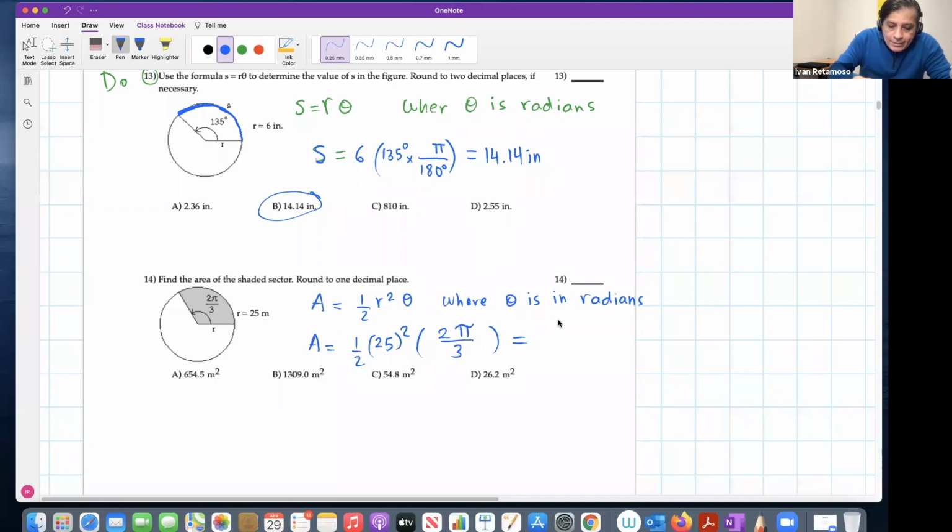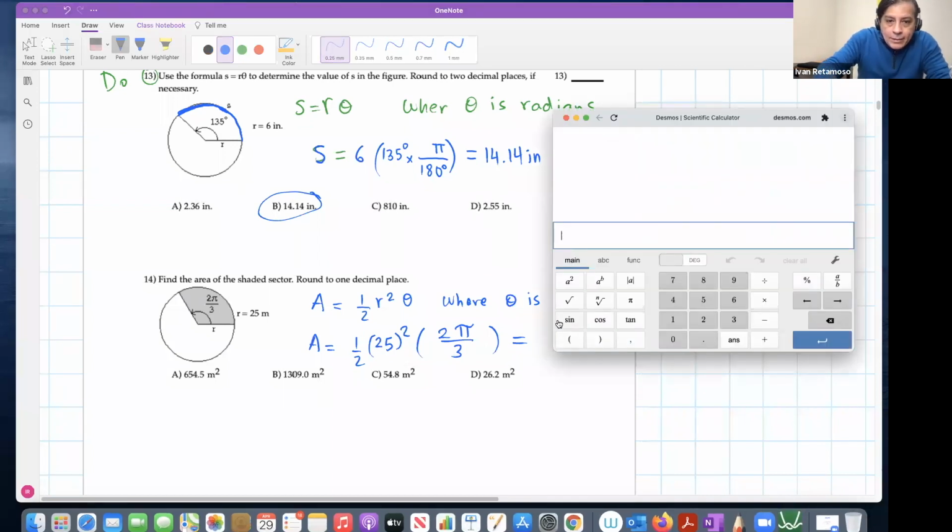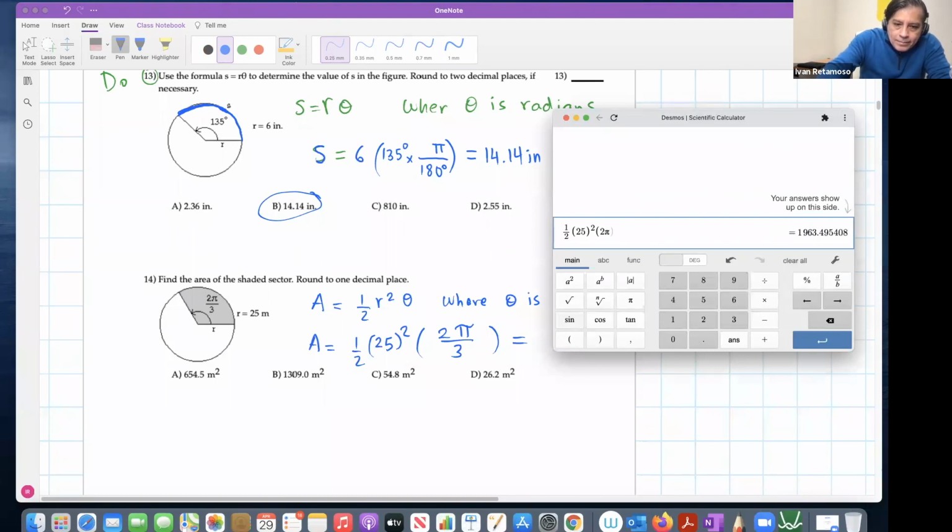So you just put this in your calculator: 1/2 multiplying 25 squared, and that multiplying 2 pi over 3. What you get should be rounded to 1 decimal place.